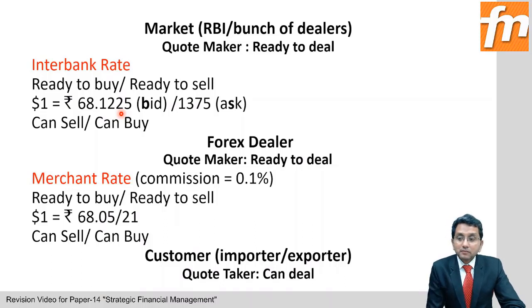Now, dealer won't say the same thing to the customer. It will say, okay, bring in your dollars, we'll buy it at 5 paisa. So he'll buy at 5 paisa and market will buy from him at 12 paisa. And again, roughly, he'll make a commission of 7 paisa per dollar. This is how it works.